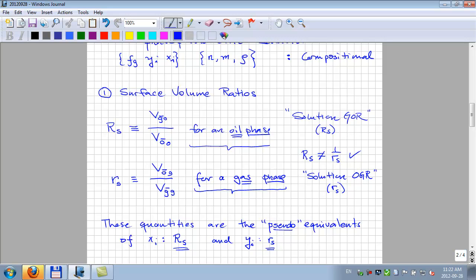And why do we call it solution? Because the solution GOR is the amount of solution gas in solution in the oil phase. So like this air has a certain amount of water in solution in the air. Well, that would be like the little rs. It's the solution oil in the gas phase. Okay? It's the solution oil in the gas phase.